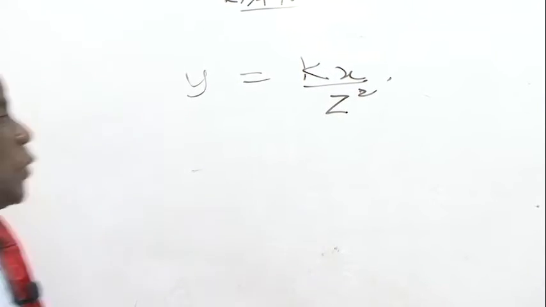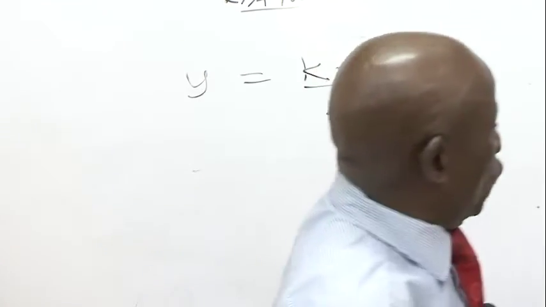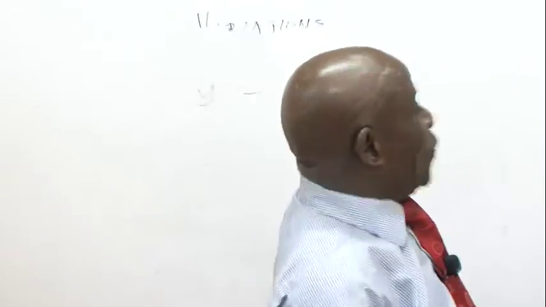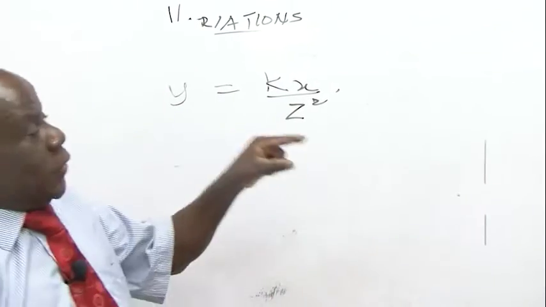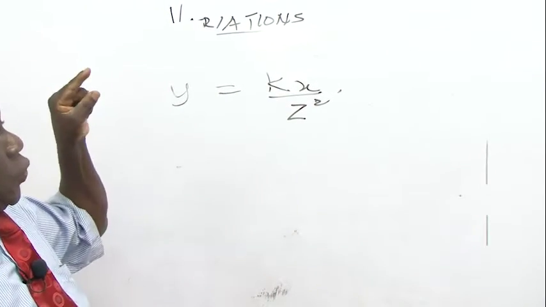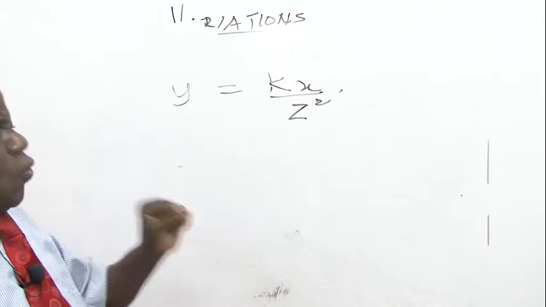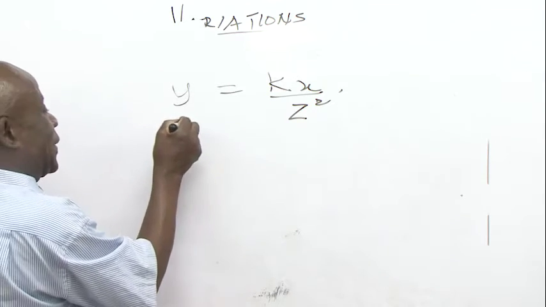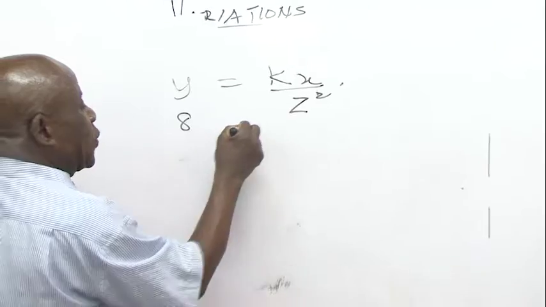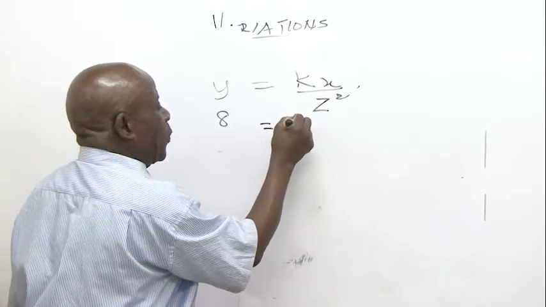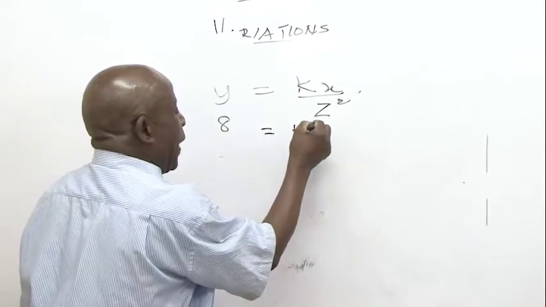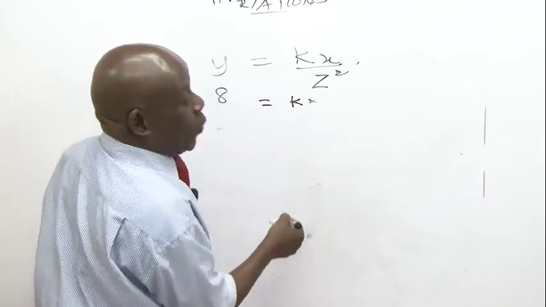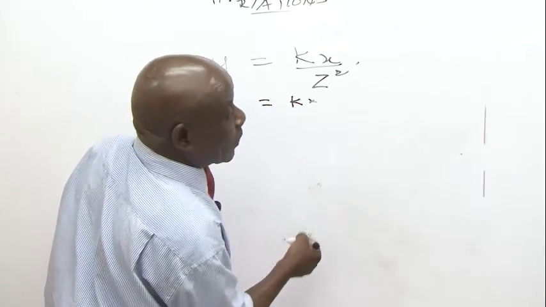Now substitute using the given values. We are given the value of y, we are given the value of x, and we are given the value of z. Those three values must be used. You don't cook your own value. When y is 8, k is unknown. Don't think k must be something. Multiply by, you can use that small x to say multiply. What is x? 2.